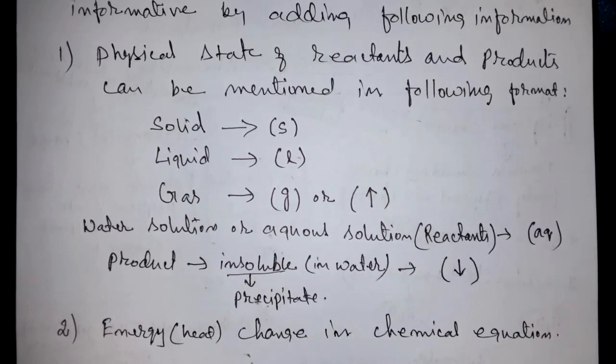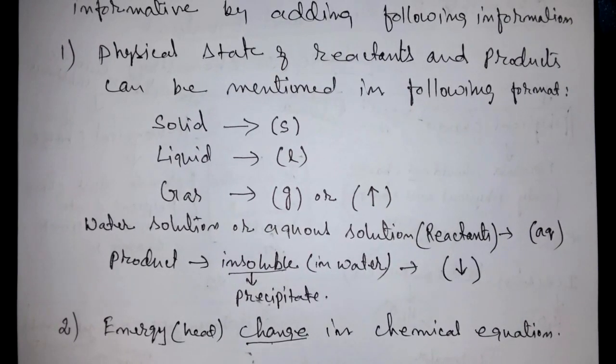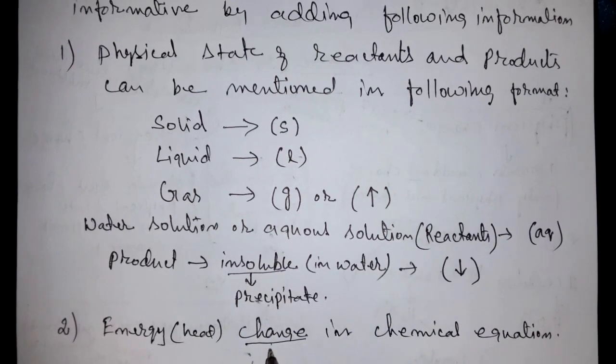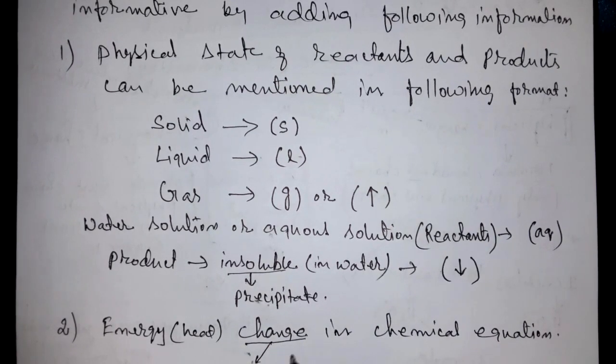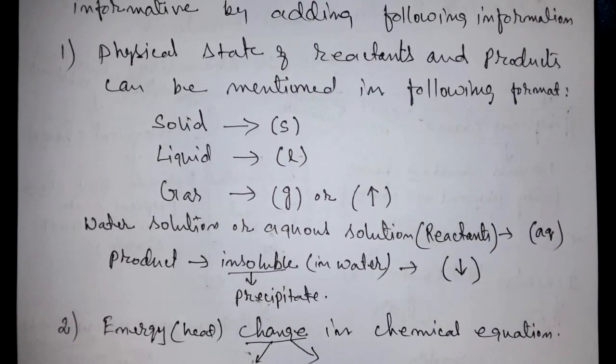And how does heat change? Change means sometimes heat may be needed in a chemical equation, and sometimes heat will be released. So change has two meanings. Heat is needed or required in some chemical equations, and in others the heat will be produced or released.